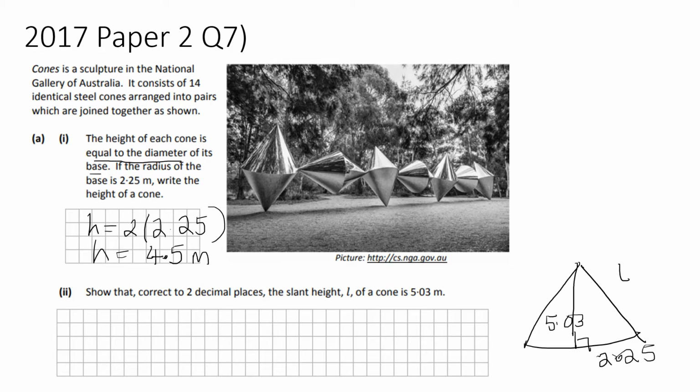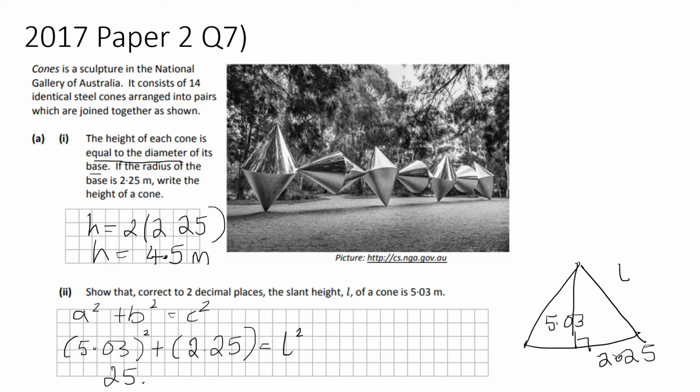That's actually a right angle triangle, so you can use Pythagoras' theorem, which is a squared plus b squared is equal to c squared. So a and b are just the shorter sides, so that's 4.5 squared plus 2.25 squared is equal to L squared, or c squared.